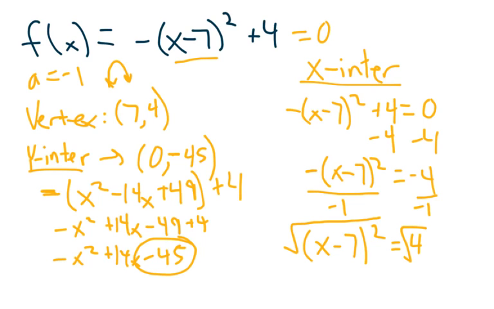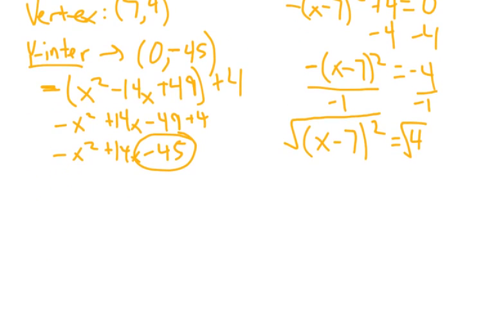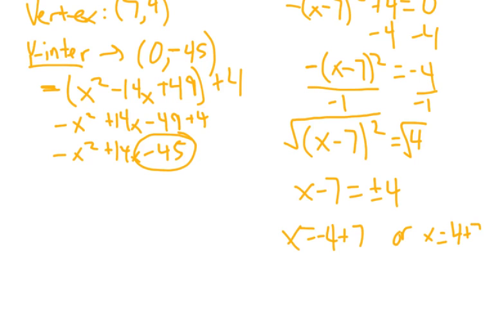So we can take the square root of both sides, and we get x minus 7 is equal to plus or minus 4. So x will equal negative 4 plus 7, or x equals 4 plus 7. And so we'll have 3 or 11.